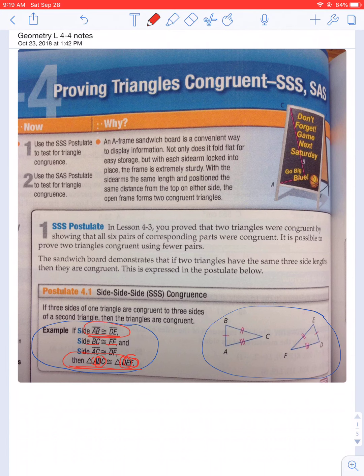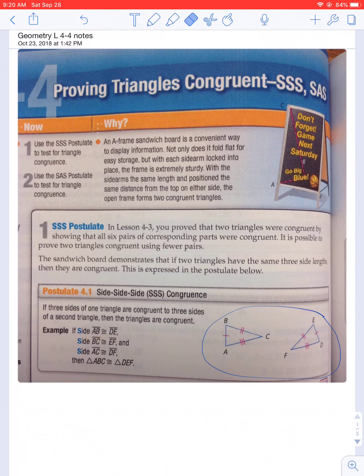And finally, I'm going to erase this stuff because it's getting really hard to see. Because AC is congruent to DF, you will notice AC is written first and third, and DF is written first and third. So that's how you know what order to write your congruency statement. You just look at your list of congruent segments and go from there.